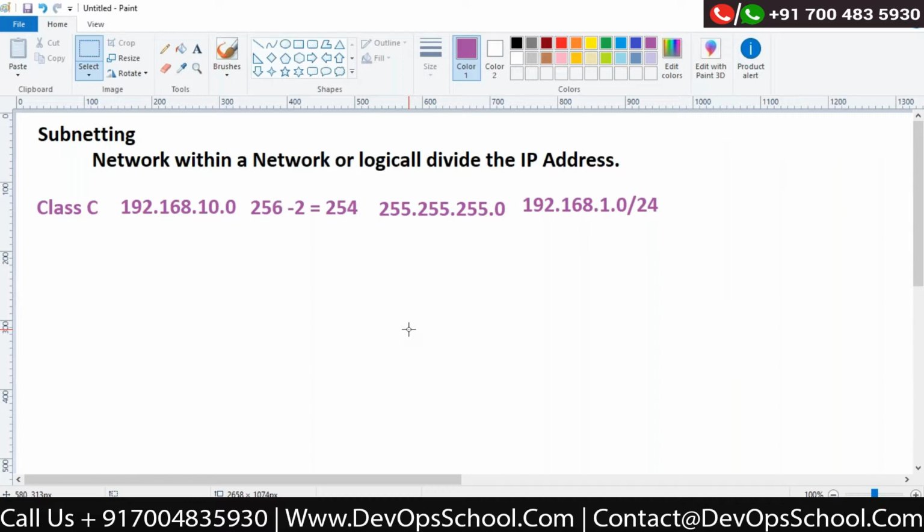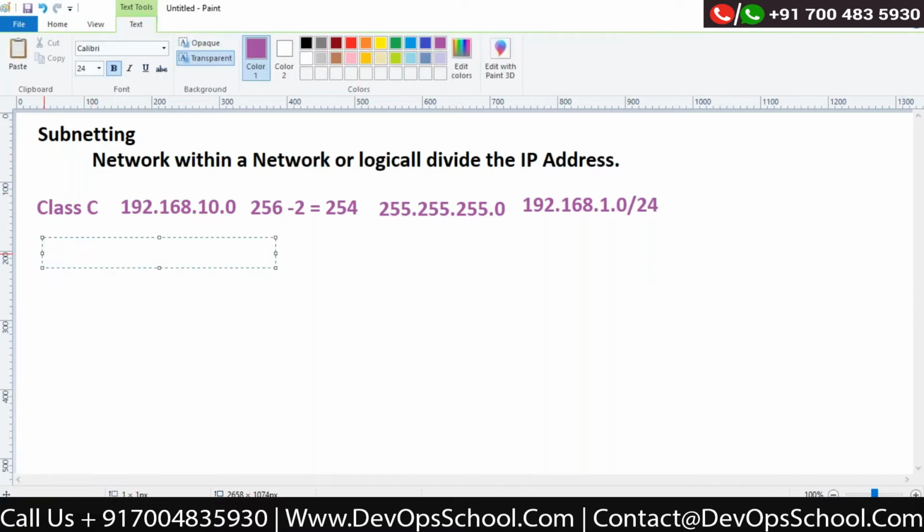This is a class C. This is the default information which we have. Now, first of all, my company said I require 40 IP addresses per department. This is my requirement.